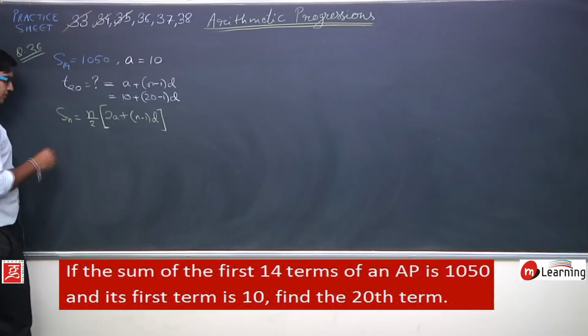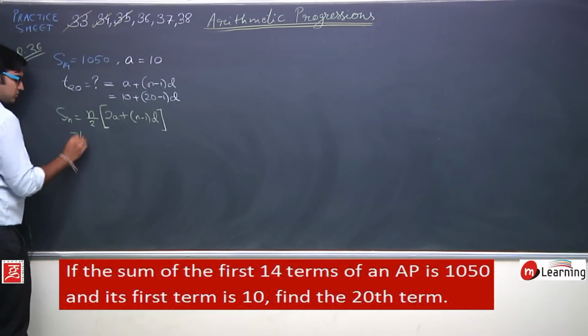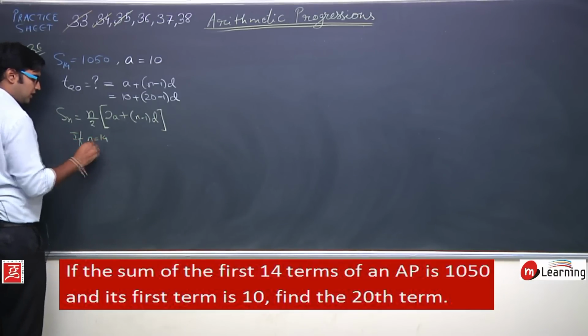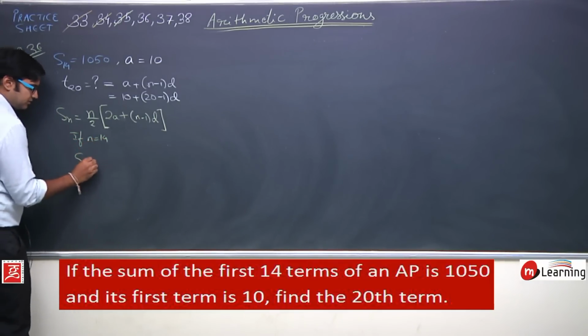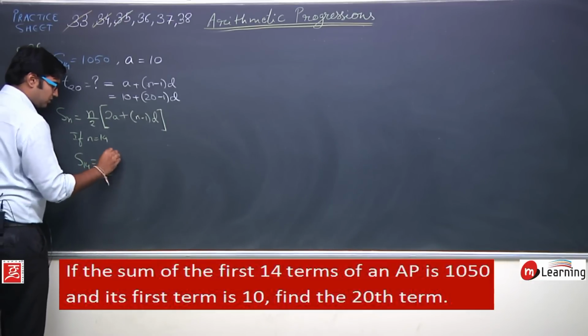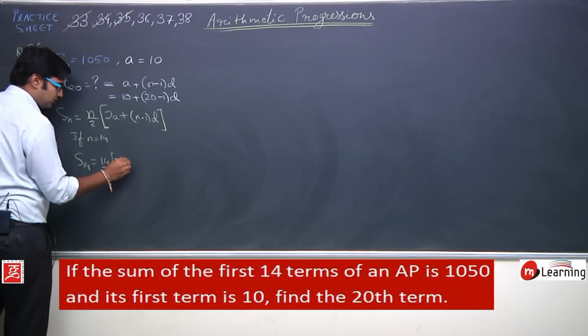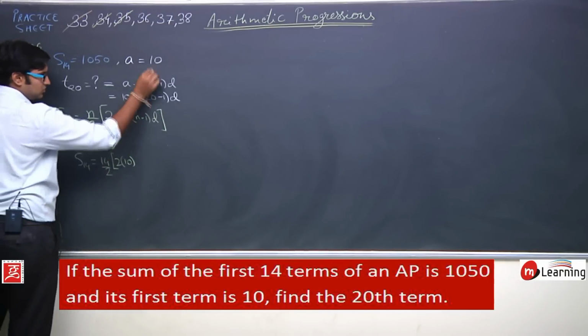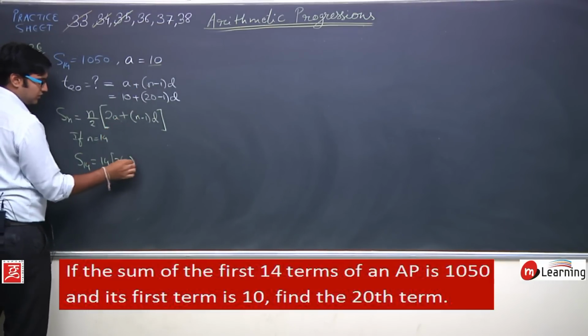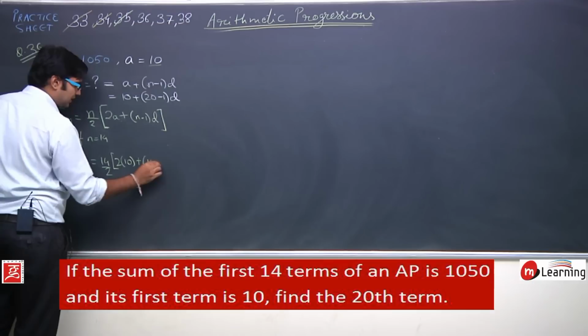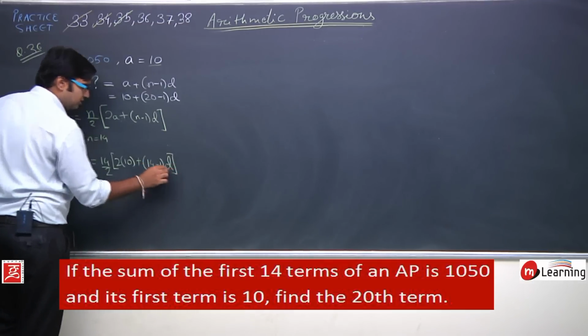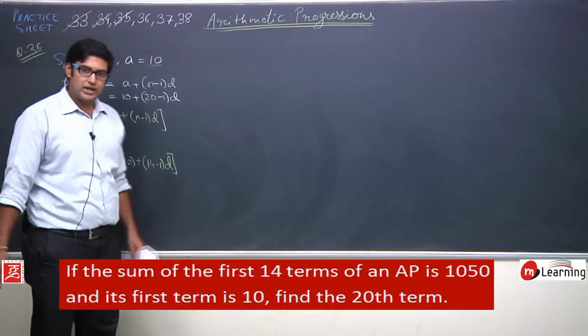So if n is equal to 14, then the sum of 14 terms will be 14 by 2 into the bracket 2 times the first term, 10, so 2a is 2 into 10, plus 14 minus 1 into d. The value of d is what I need to calculate.